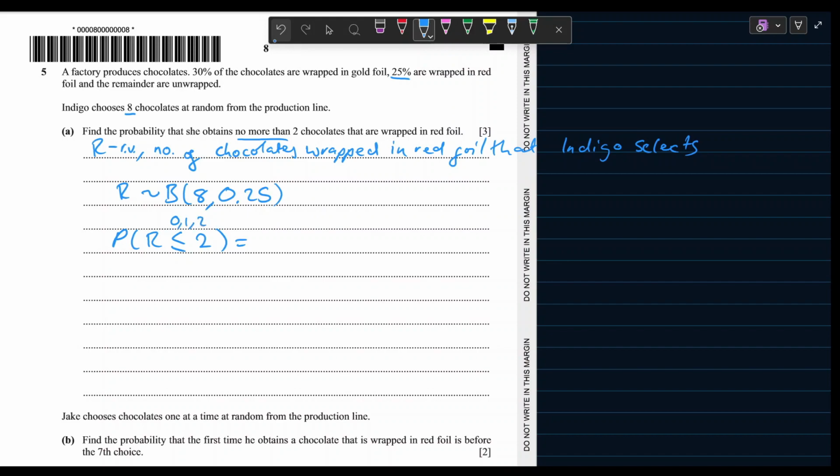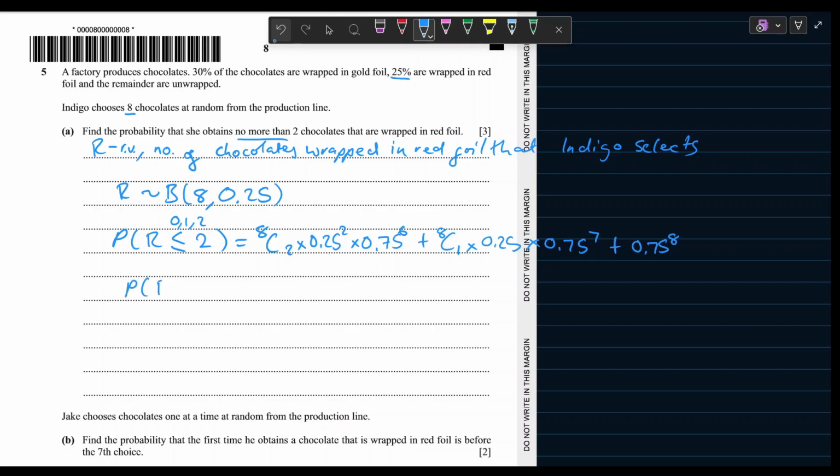So let's evaluate those probabilities. That's going to be 8 choose 2 times 0.25 to the 2 times 0.75 to the power 6, plus 8 choose 1 times 0.25 times 0.75 to the 7 plus 0.75 to the 8.